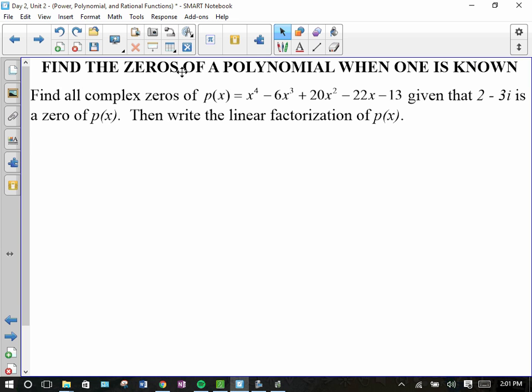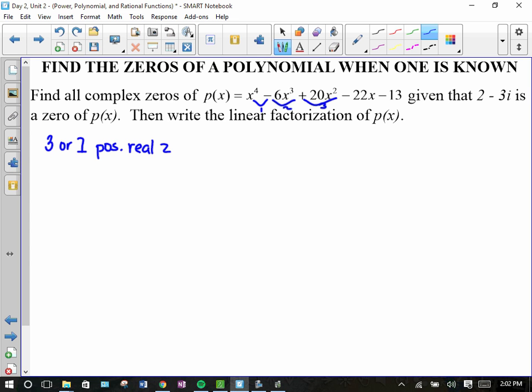Sign changes? Alright. Now, I'm not going to rewrite this here, but there's one sign change, two sign changes, three sign changes, no sign change. That means that there is 3 or 1 positive. What you need to do is write them down.